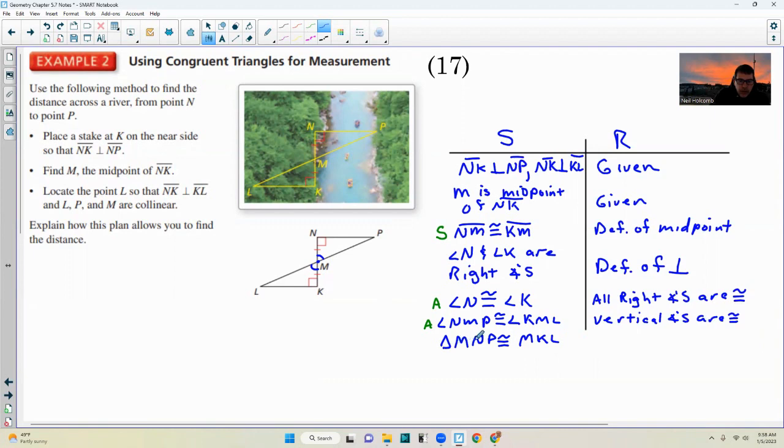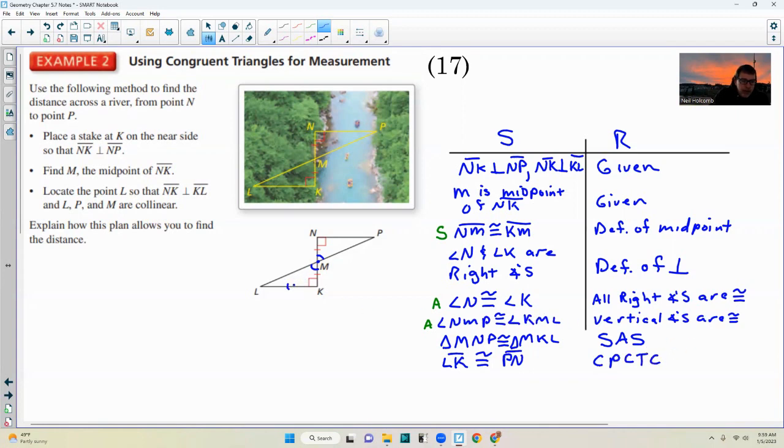So the triangle MNP is congruent to triangle, oops, I forgot my triangle symbol, MKL by side, angle, side. Okay, so now I can say segment LK is congruent to segment PN. And that's corresponding parts of congruent triangles are congruent.